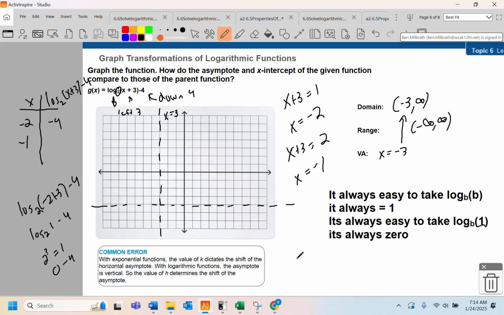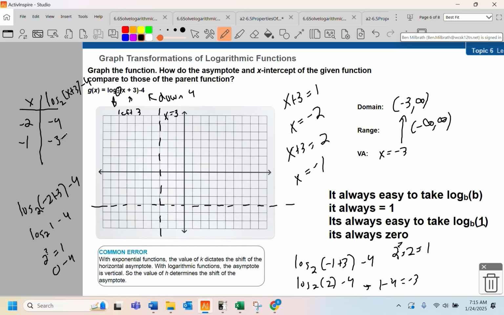The next thing we do is plug in a -1. I'd have log base 2 of -1 plus 3 and then -4. This gives me log base 2 of 2 and then -4. And log base 2 of 2 says 2 to what power is equal to 2? And the answer to that is 1. So I get 1 minus 4, which is -3. These kind of stink, don't they?